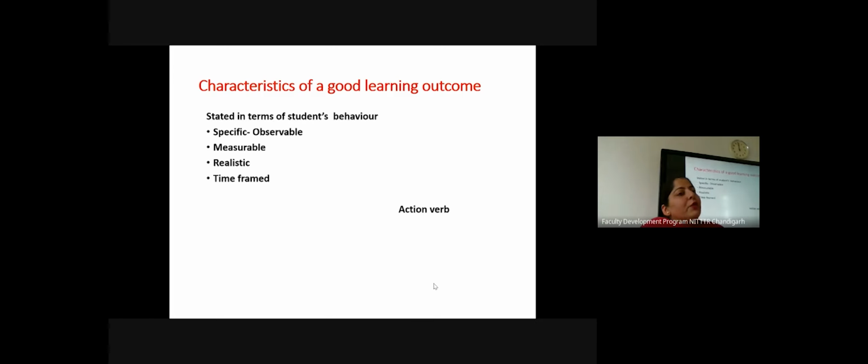Student will be able to demonstrate activity with the help of a prototype model. He will buy it from the market for 150 rupees and demonstrate it to you, but the level of understanding is not going to be developed because the student was not part of the creation of that particular model. So when I'm saying realistic, if you are saying prototype model, the laboratory conditions need to be sufficient enough that the student is able to create or design that prototype model by his or her own.